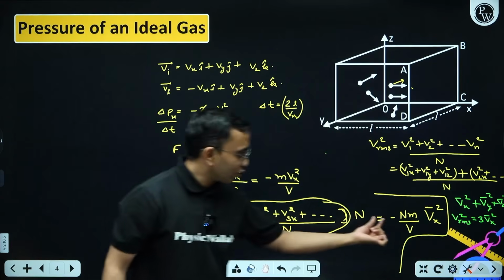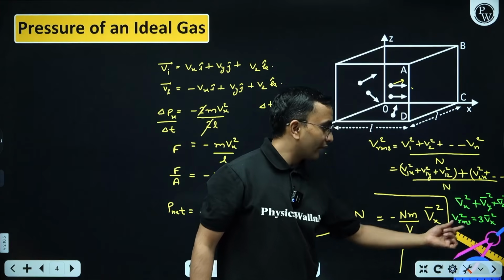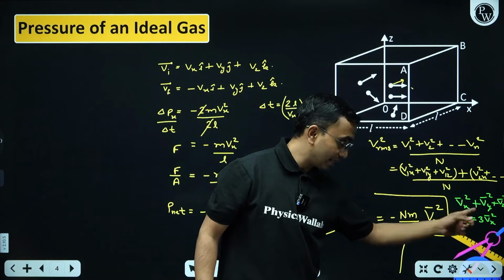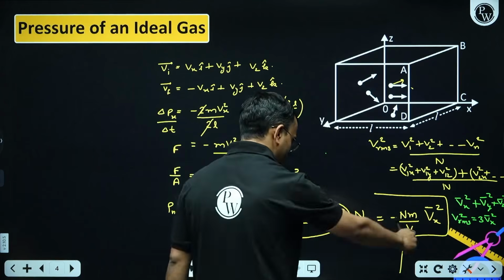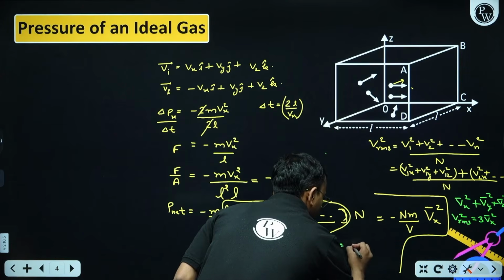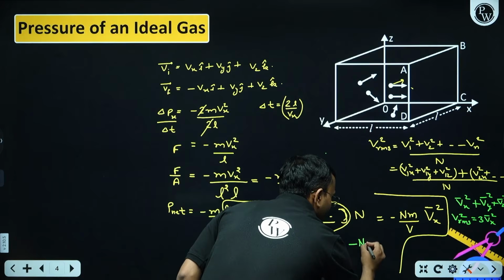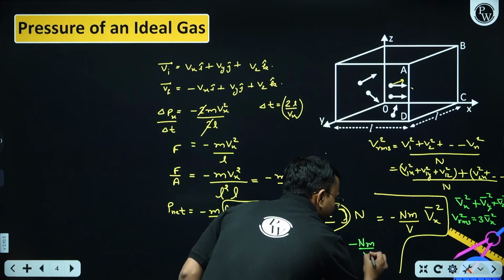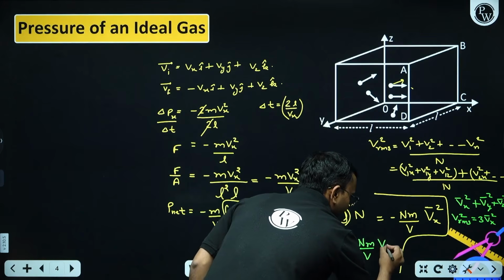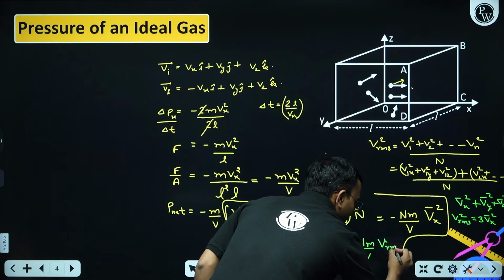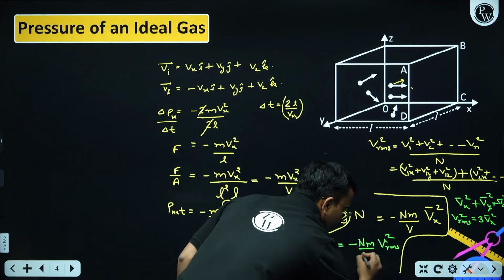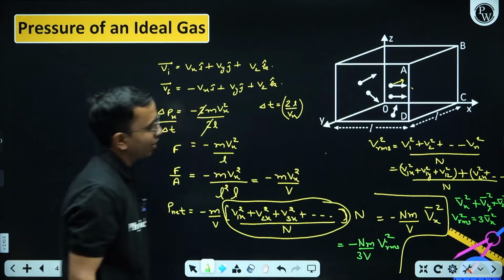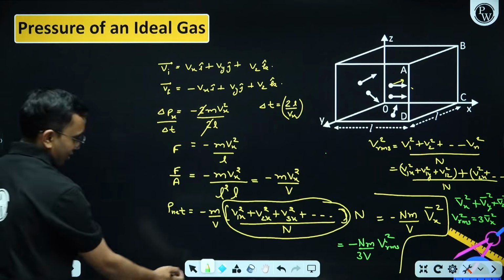So this mean square velocity along x-axis, I can write as VRMS square divided by 3. So this will become minus n m divided by V into VRMS square divided by 3. So this becomes my pressure.